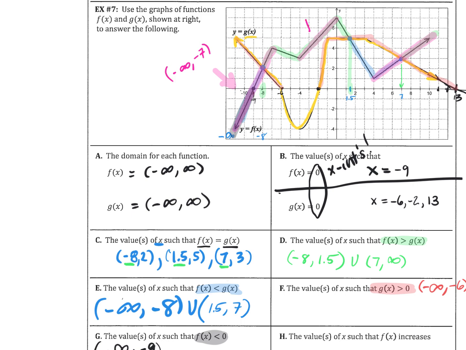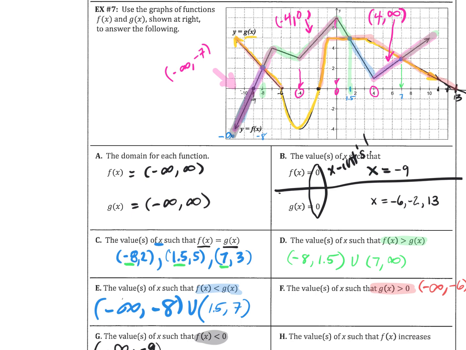And what's this interval? Negative 4 to where? 0. So this one's from negative 4 to 0. Good. And then what's this interval? From 4 to where? Infinity. From 4 to infinity. I feel like some of you got this.